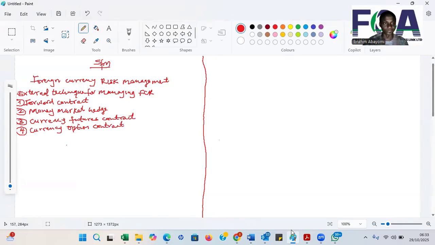Let's take them one by one. Forward contracts. Now, a forward contract is simply an agreement where the exchange rate is agreed on today for a transaction that will occur in a future period.